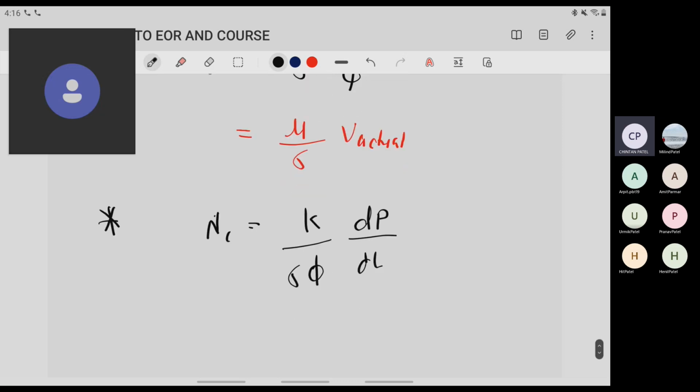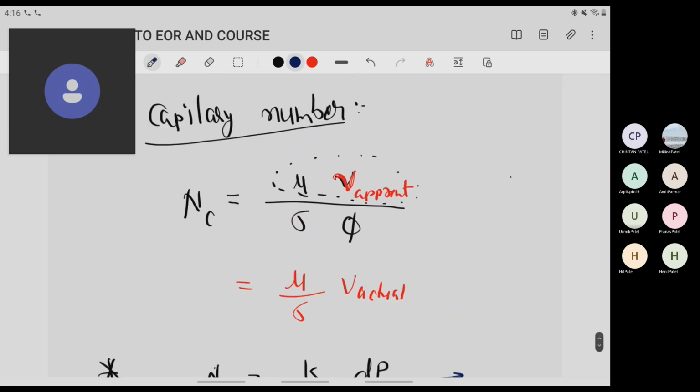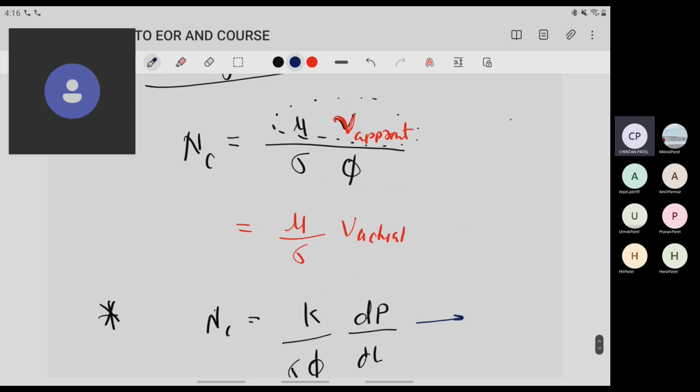And remember one thing, they can ask you a question from here also. Let's suppose, just tell me, for better recovery, which value should you consider, higher capillary number or lower capillary number?